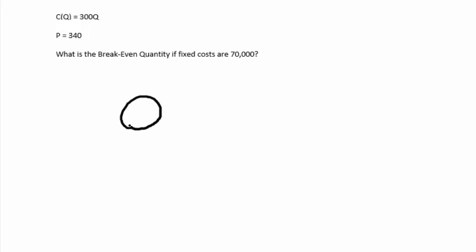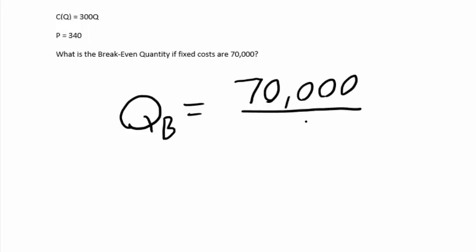So we have the quantity to break even equals the fixed cost, which is 70,000, over the price of 340 minus the average variable cost, which they do not give us right off the bat. They give us a total cost function of 300Q. But if we recall, average variable cost is found by taking total variable cost and dividing out the Q. So what we're left with for our average variable cost is 300.